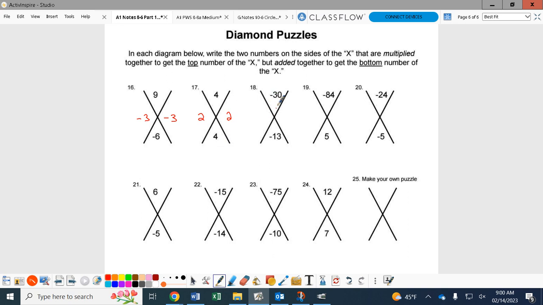What about on number 18? I want to get some different people. Who's got number 18? Okay, yes ma'am? Negative 6 and 5 does not add up to 13. Does multiply to that, but it doesn't add up to the right thing. So anybody got another choice? Yes, sir. Negative 15 and 2.